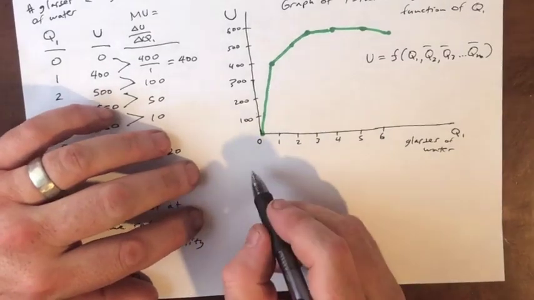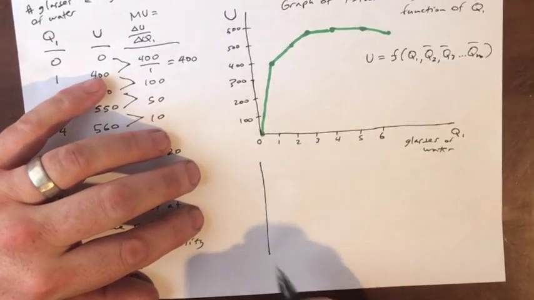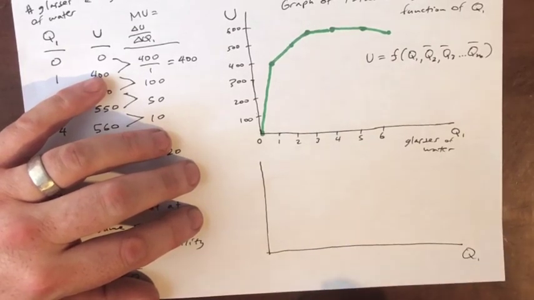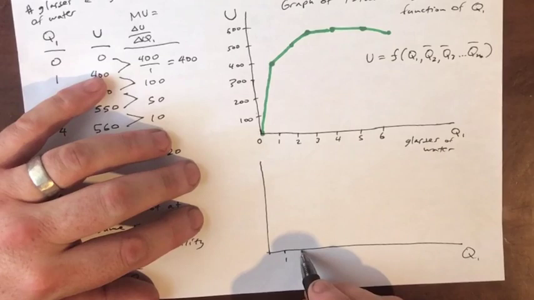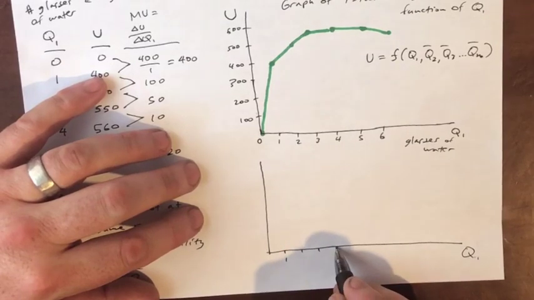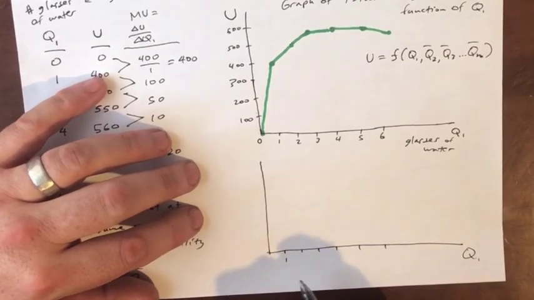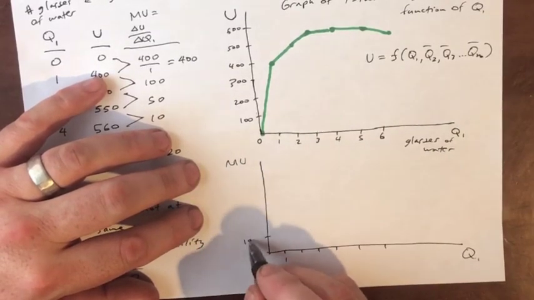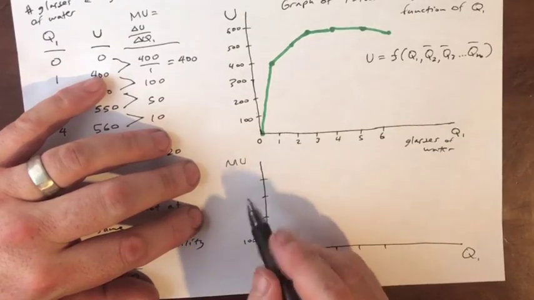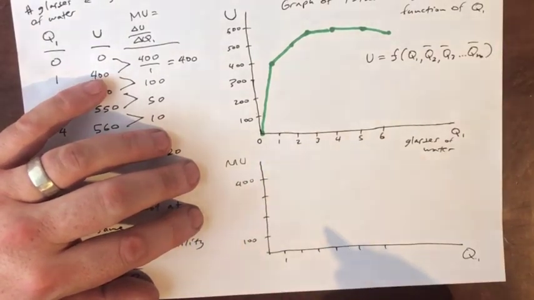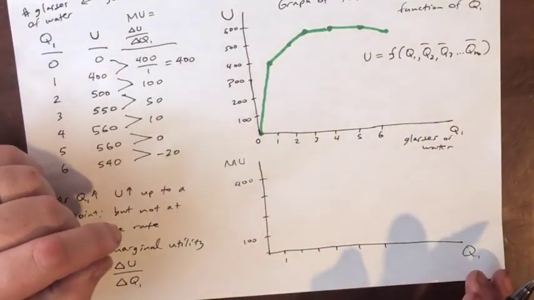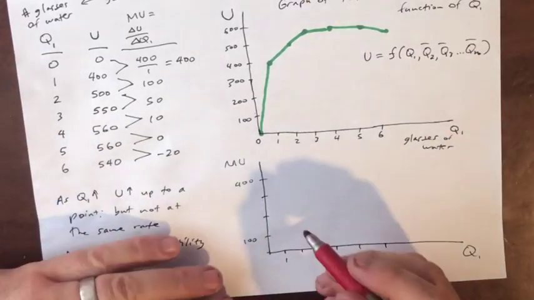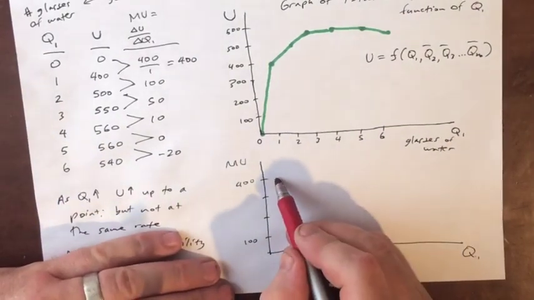Now let's draw another graph directly below. This one will be a graph with the same horizontal axis, number of glasses of water. We'll try and line these up, 1, 2, 3, 4, 5, 6, like that. And on this one, marginal utility: 100, 200, 300, and 400. Now this graph looks rather different, right? Because one glass, 400.